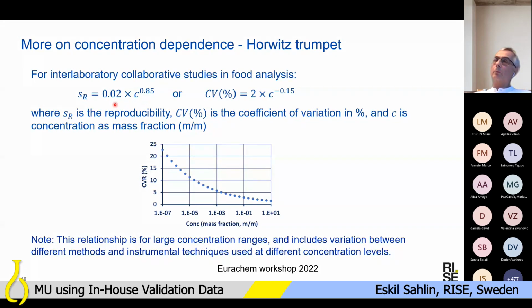Here you don't have a perfect proportionality, but at least in my opinion, it's still quite good. We should keep in mind that this relationship is for very large concentration ranges and includes variation between different methods. The standard deviations here come from different methods, different instrumental techniques at different concentration levels. But still, at least in my opinion, this indicates there is a very strong proportionality between reproducibility and concentration.